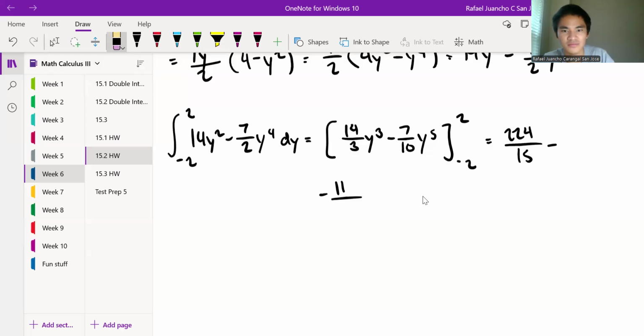This one is also the same thing, right? But the difference is now plus. So minus or plus 112 over 5. Okay.